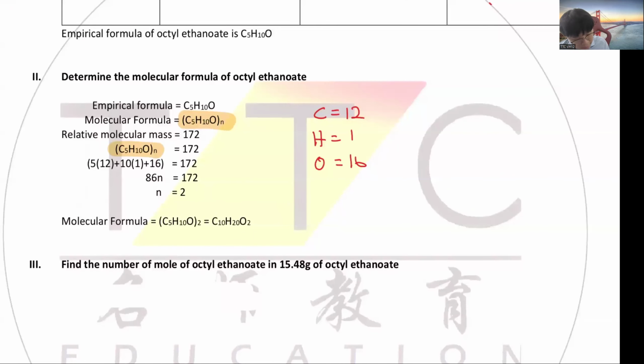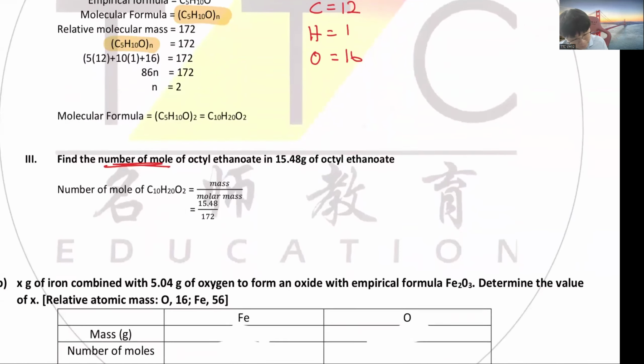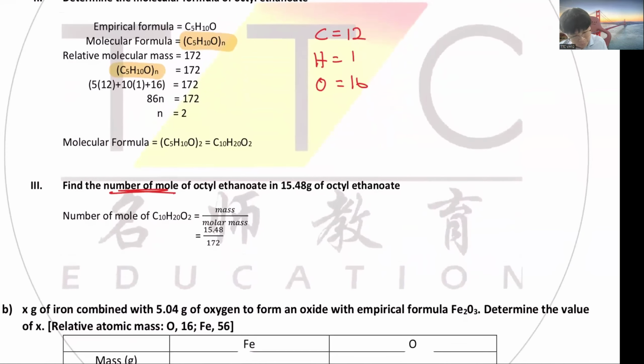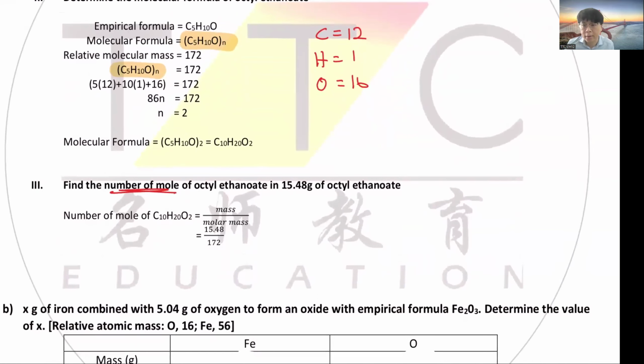Okay, then they want you to calculate the number of mole. So for this question, you need to be able to calculate the actual number. Are you all okay now? The second question?